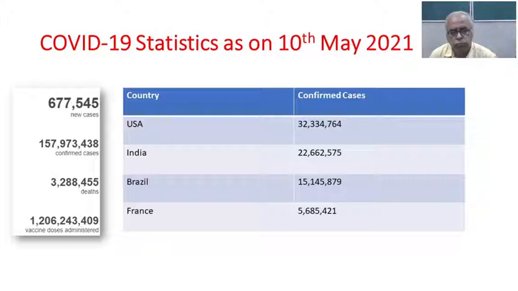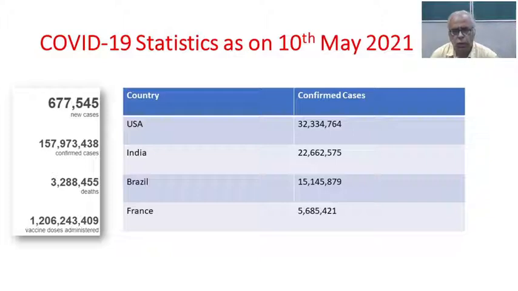Then, around 157.9 million confirmed cases are there in the world. We have witnessed, miserably, 3.3 million deaths due to COVID-19.